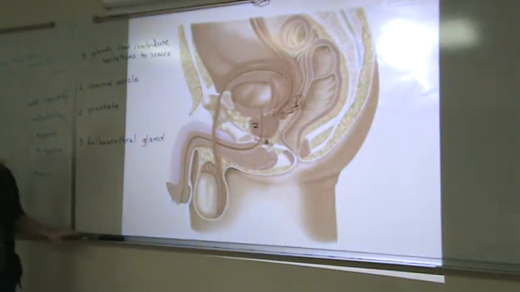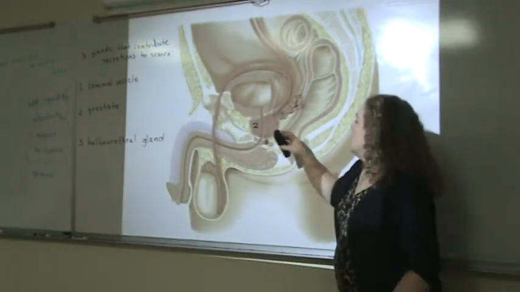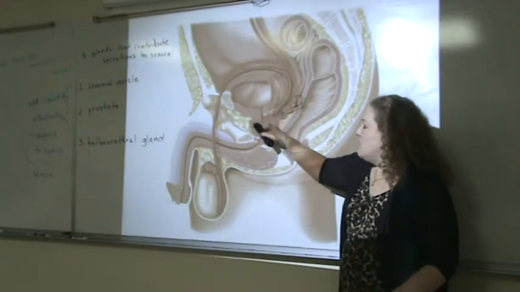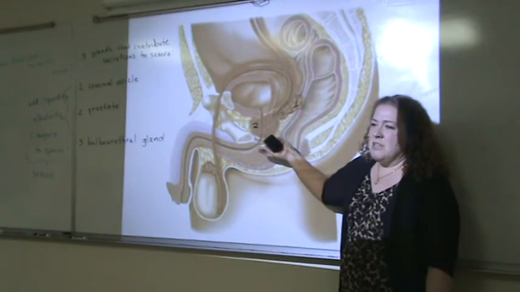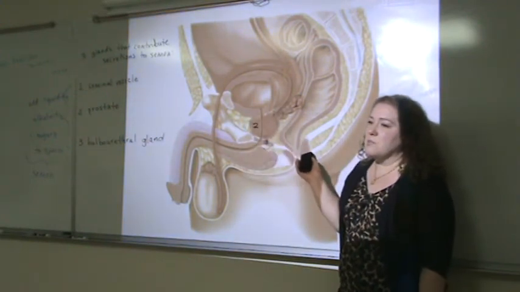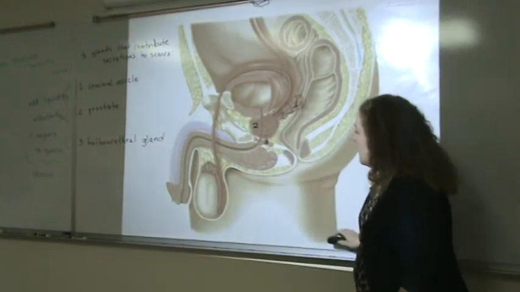So I don't know if I have a day to talk about infertility. We'll talk about it a little bit, but sometimes infertility is from one of these not working correctly and the semen not getting the correct factors that it needs aside from the sperm. So those are those 3 glands.